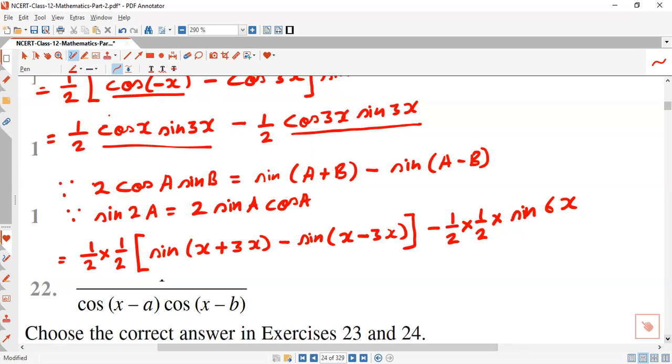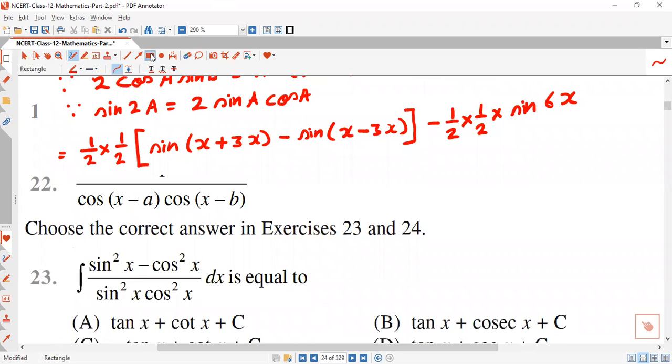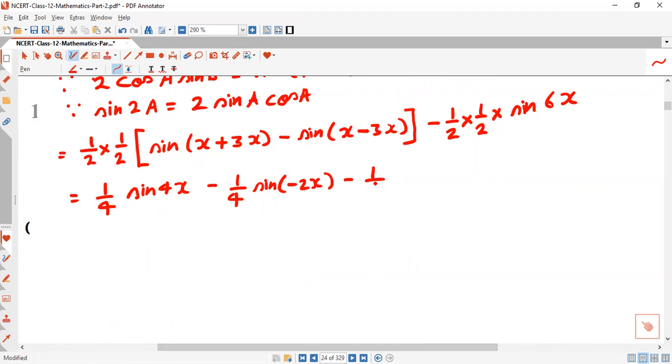Now we want to do the further simplification. It becomes 1 by 4 sin 4x, minus 1 by 4 sin(minus 2x), minus 1 by 4 sin 6x.